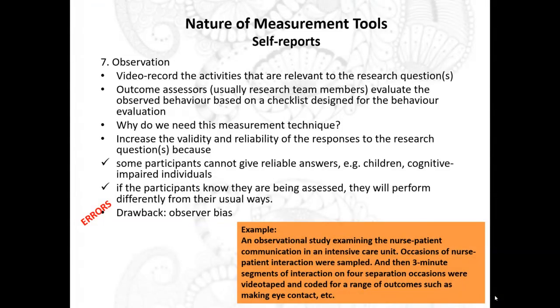For observations, sometimes we use observation instead of giving the questionnaire to the participants directly, because we think that if we give the questionnaire to the subjects, they cannot fill in correct answers due to their cognitive level, due to their developmental stage. Usually we do it on children and also for elderly with cognitive problems.